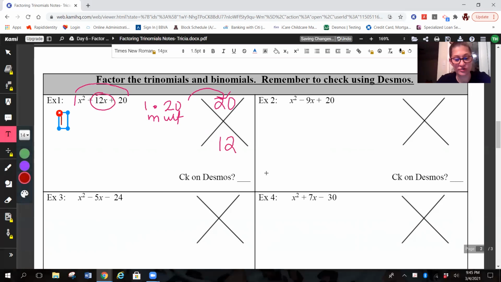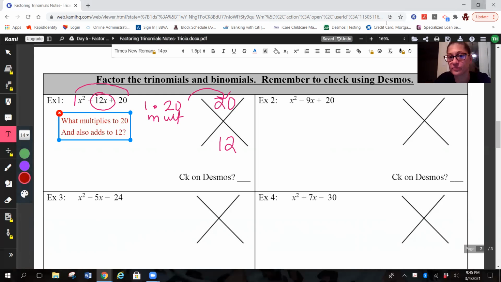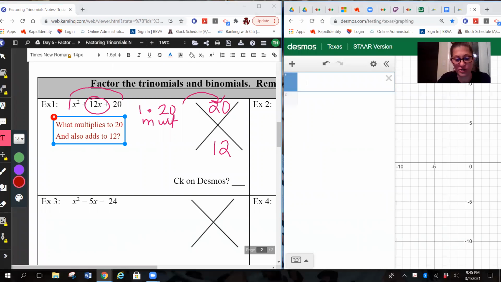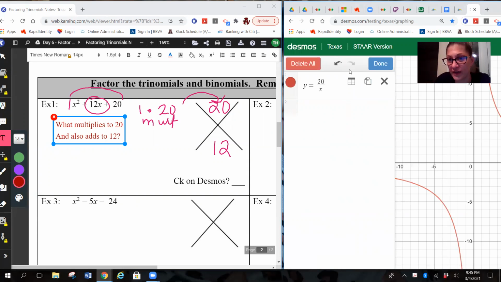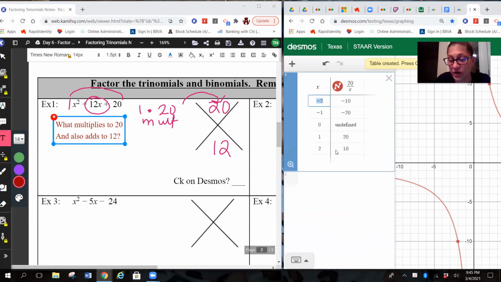So now you're going to ask yourself, what multiplies to 20 and also adds to 12? That's what we're going to check. And how we do that, we type in y equals 20 divided by x. It's going to give us a funky graph, but we don't worry about that. We go to the little thingy, we click on table, and here it is.